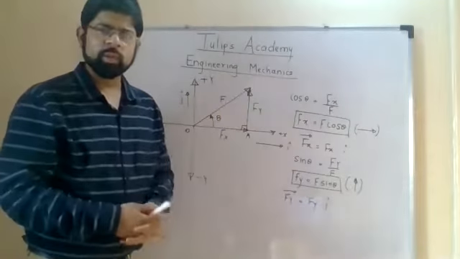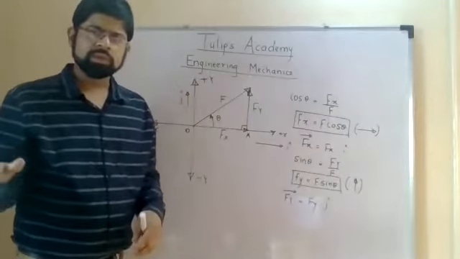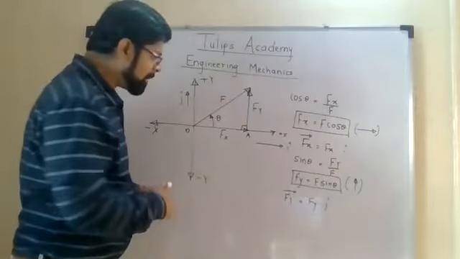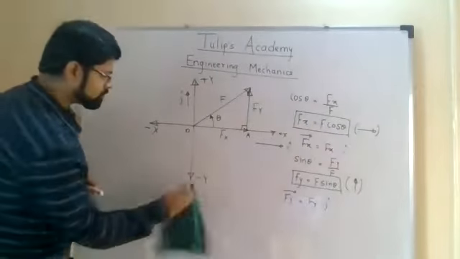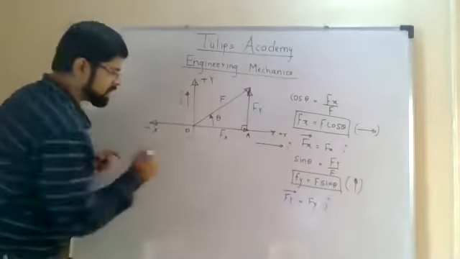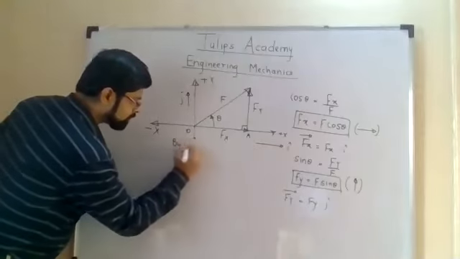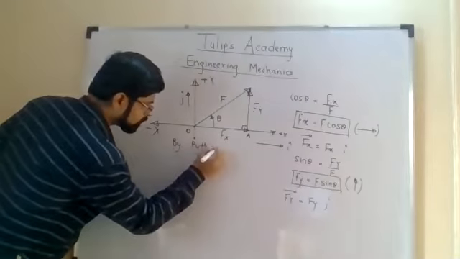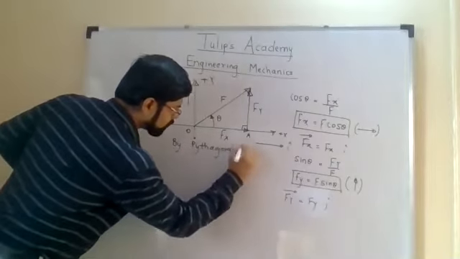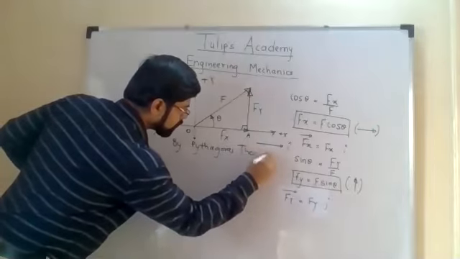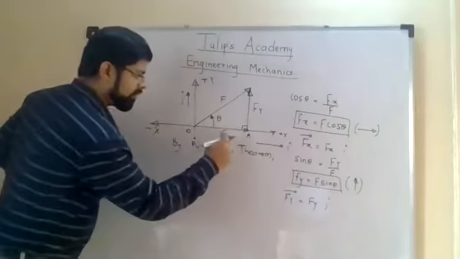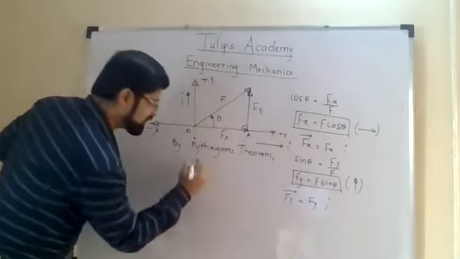And then it strictly goes with the Pythagoras theorem, as you all know the statement of the Pythagoras theorem. So by Pythagoras theorem, Fx square plus Fy square is F square. That's it.